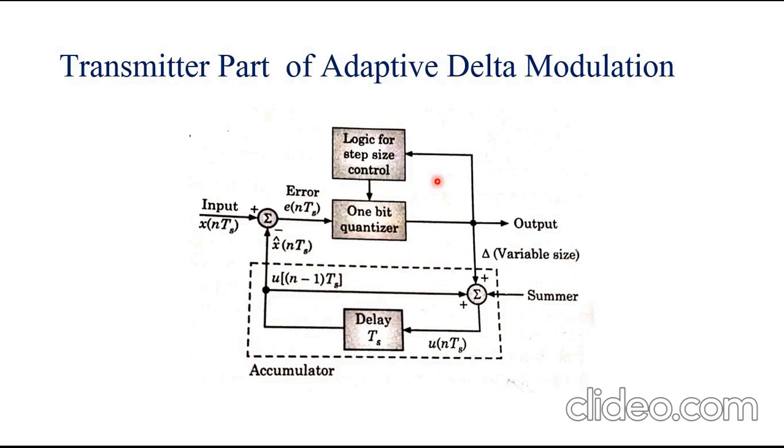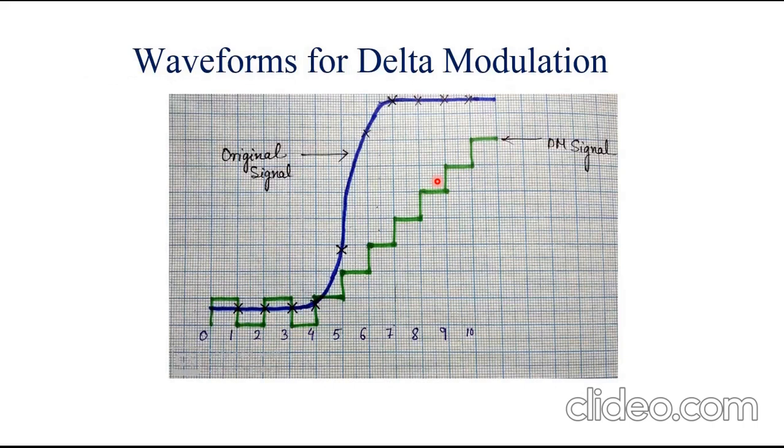Now first I will explain what happens in delta modulation and what we resolve in adaptive delta modulation.